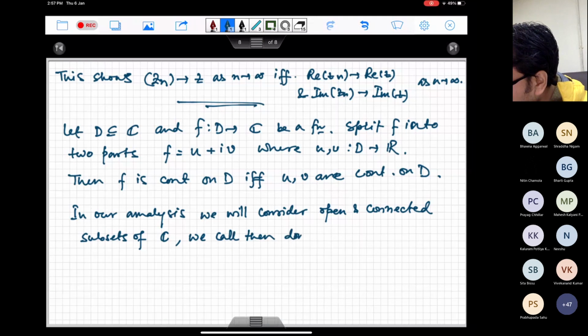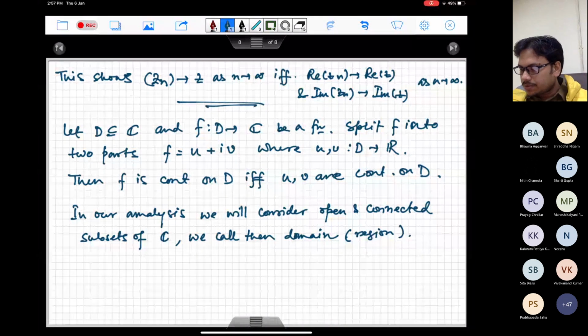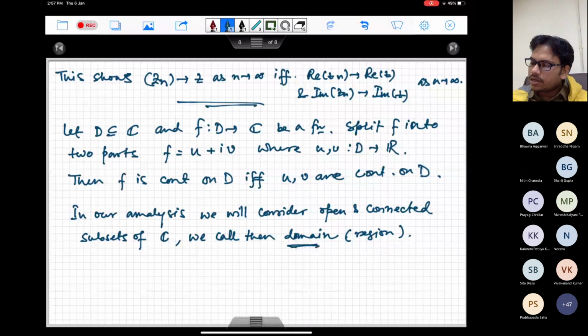Whenever I say let D be a domain, by domain I will always mean an open and connected set. Many books write it as region. It doesn't matter, you stick to one name. I prefer domain. We are going to start with open and connected sets.